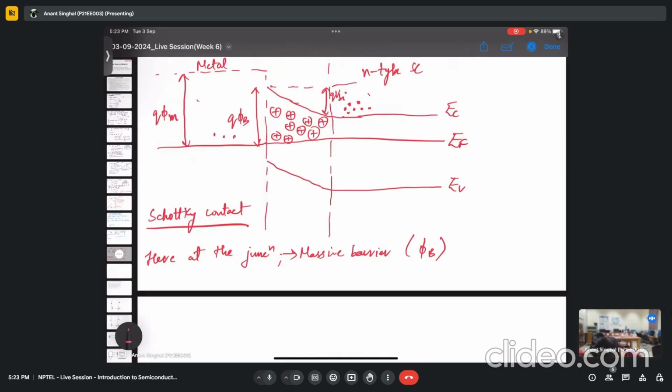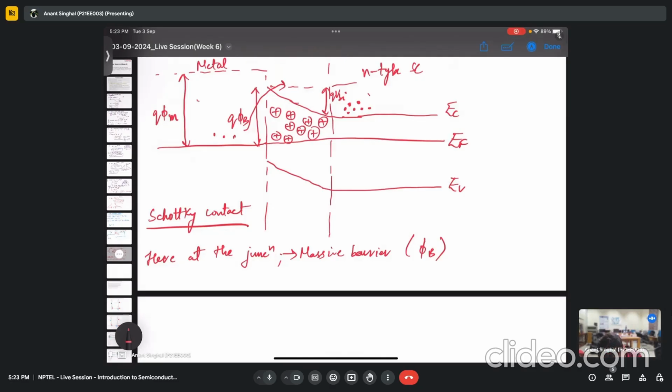So the electrons that are here will not be able to go this side. That is why the conduction will not be easy. Similarly, the electrons in the semiconductor are also experiencing a barrier, which is again the same as VBI, though not as steep, but this kind of contact is not going to give the ohmic result.